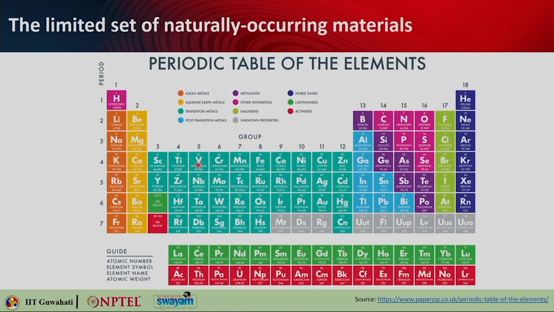If you remember the periodic table from your school days, only a few materials you can use for one particular application. So the permutations and combinations of different mixtures are also very limited, and this is where metamaterials will come to your help, because these are artificially engineered materials.